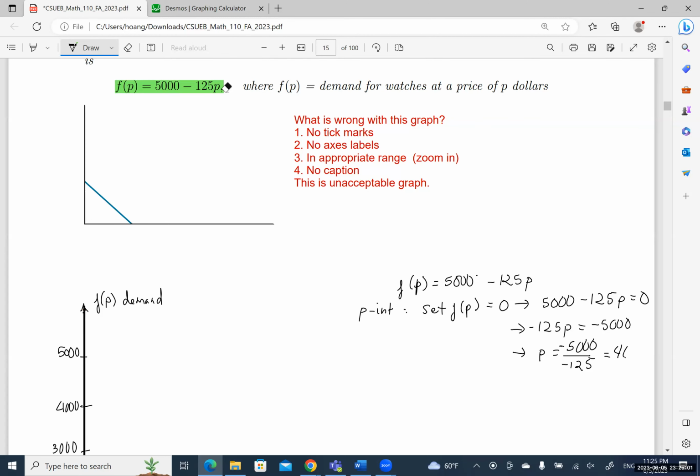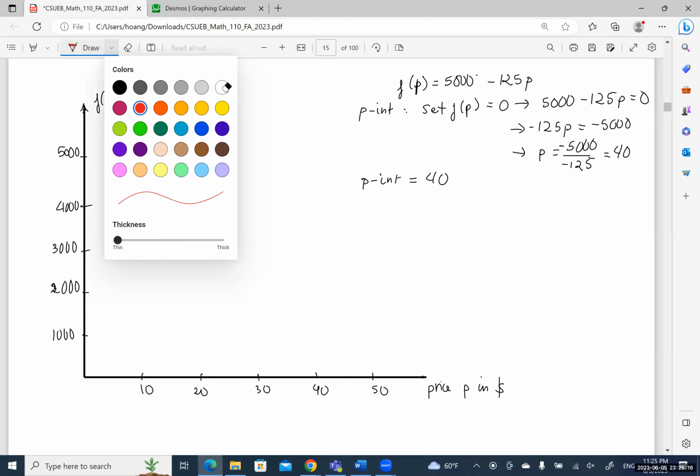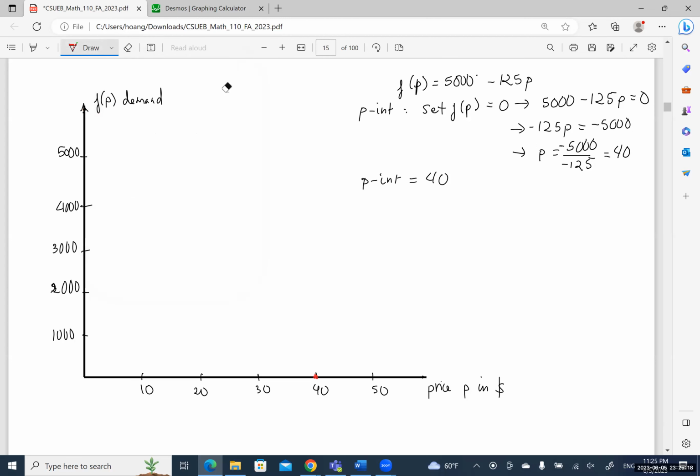So that means the p-intercept is 40, right? So you will have a p-intercept at 40.